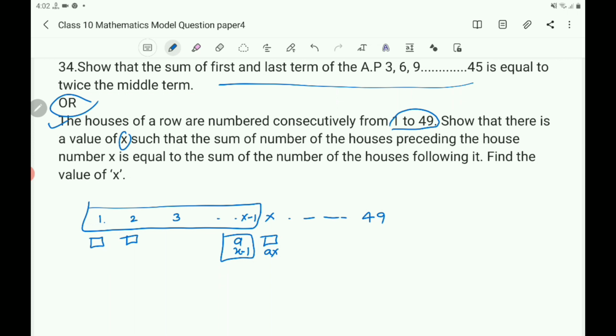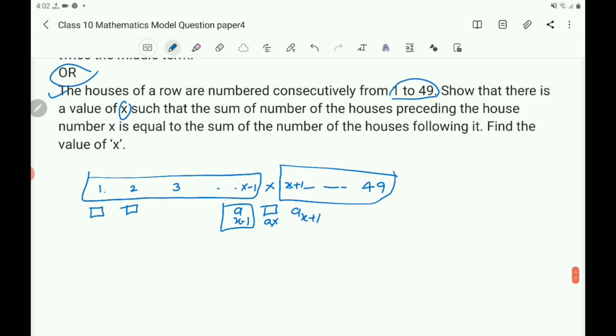Sum of the numbers of the houses following it means, up to this, the sum of the numbers you can take here, this is x plus 1, that is Ax plus 1. So here what you have to find out: Sx minus 1 equals the sum of the numbers of the houses following it.